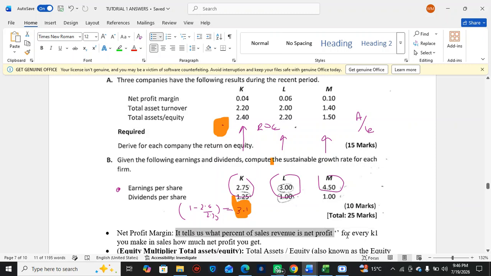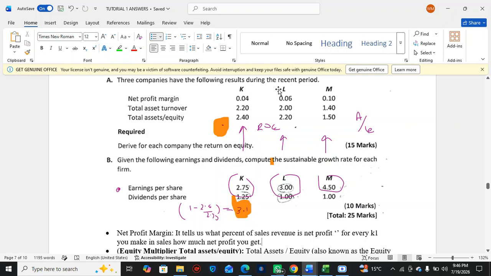Or for every one kwacha you make in sales, how much net profit do you get? If you don't like one kwacha, you can say for every 100 kwacha you make in sales, how much is net profit? Okay. So for company K, for every one kwacha they make in sales, the net profit is 4 ngwe.